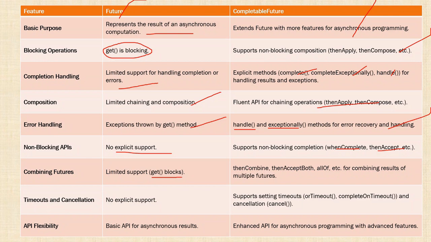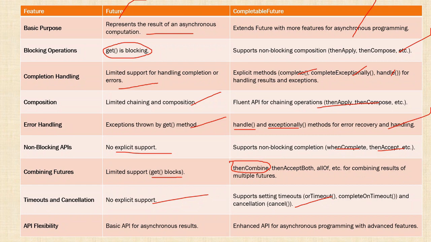But we have thenCombine and thenAcceptBoth for combining the results of multiple futures. Just now we saw thenCombine, where we combined the result of the first future and the second future and got the result hello world. So it is possible in CompletableFuture. Timeout and cancellation: Future has no explicit support for timeout, while CompletableFuture supports setting a timeout with orTimeout, completeOnTimeout, and cancellation with cancel. So we have support for timeout and cancellation also.